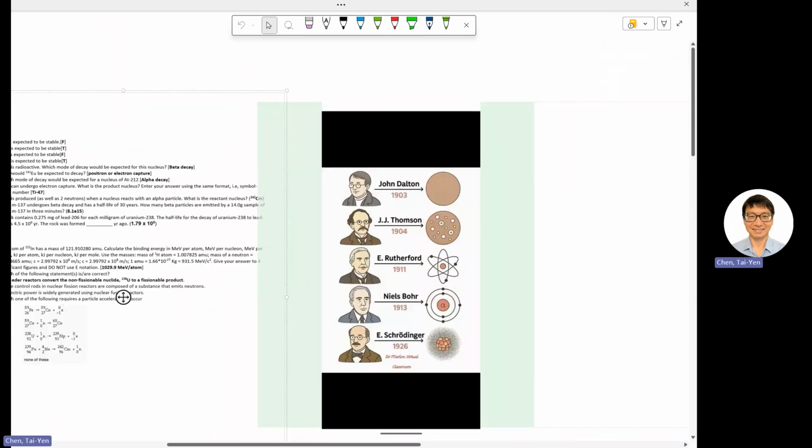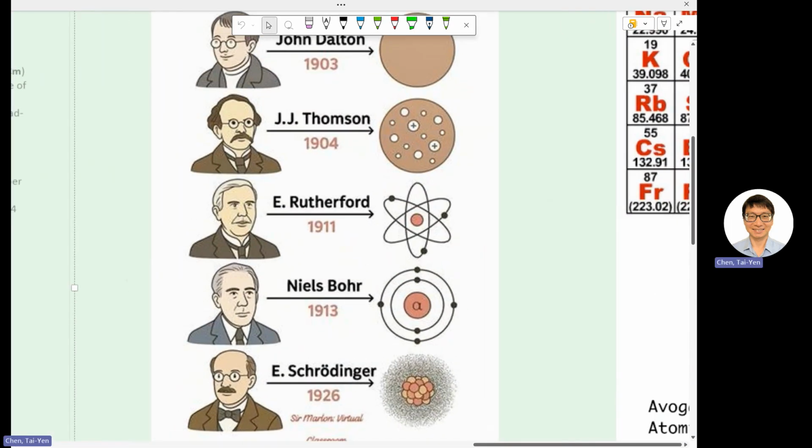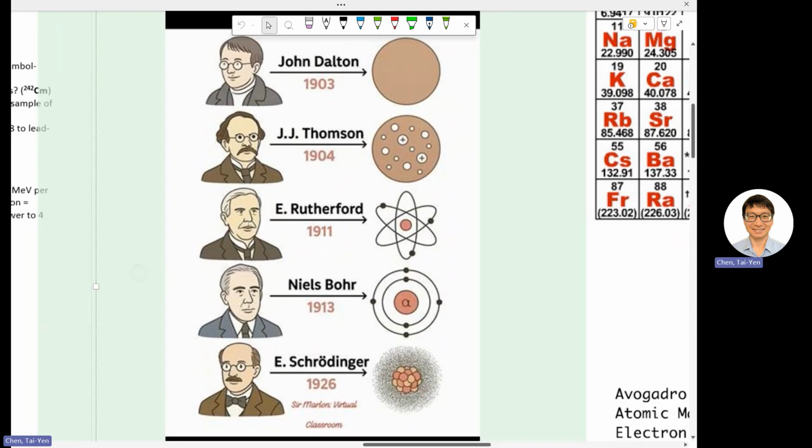I want to share this little picture with you. Back in 1903, the first person who brought up the idea of the atom was Dalton. Back then, every single thing was thought to be assembled from little balls called atoms. At that time we didn't have the concept of electrons or protons.